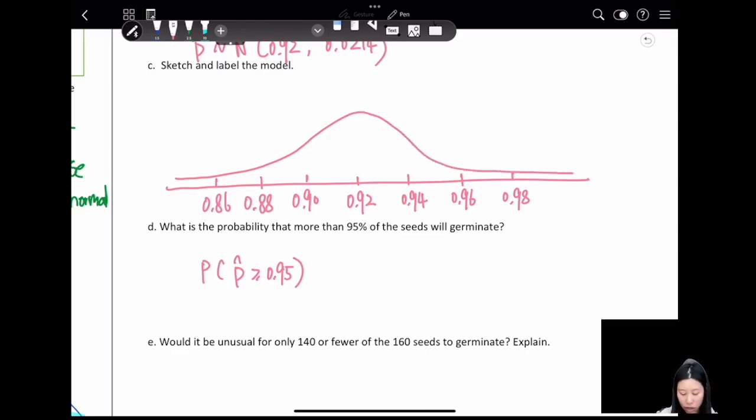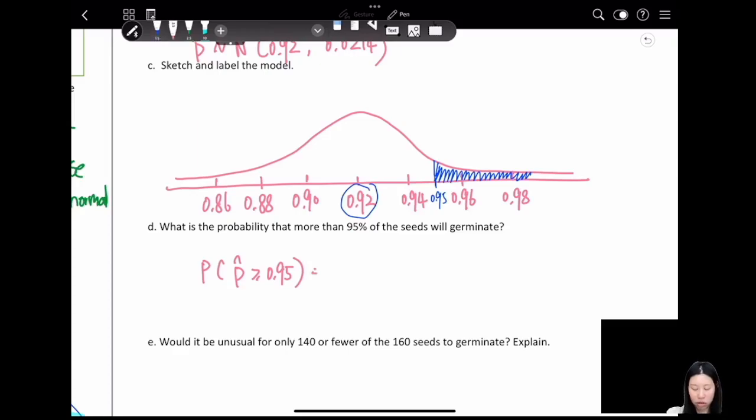They ask, what's the probability of greater than 95%? We know that the center is 92%, so 0.95 is between 0.94 and 0.96, which is here. We're trying to estimate this part.